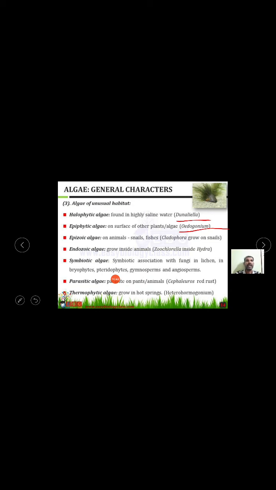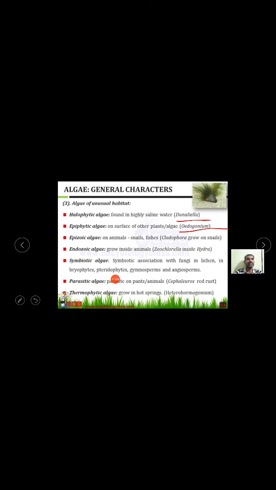Next, epizoic algae. The best examples grow on animals, such as snails and fishes. Endozoic algae grow inside animals, such as inside the stomachs of human beings or other animals. Symbiotic algae: you know very well about lichens.